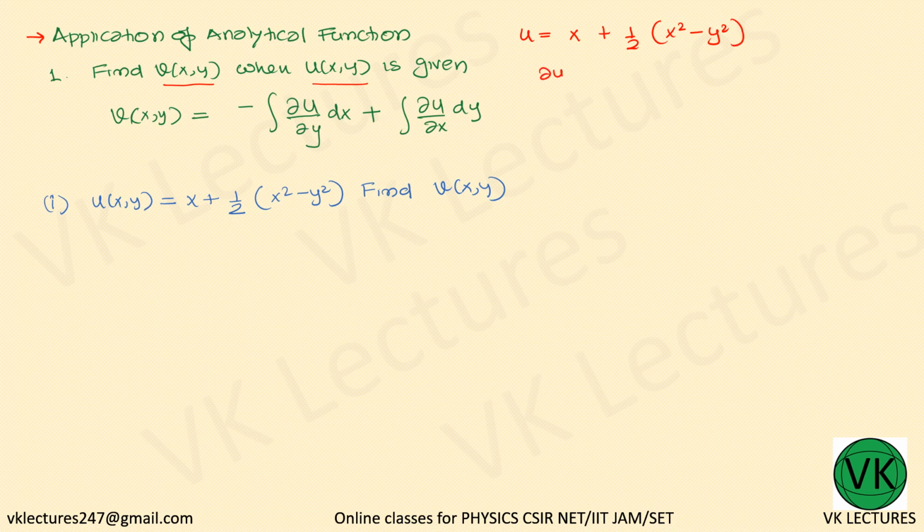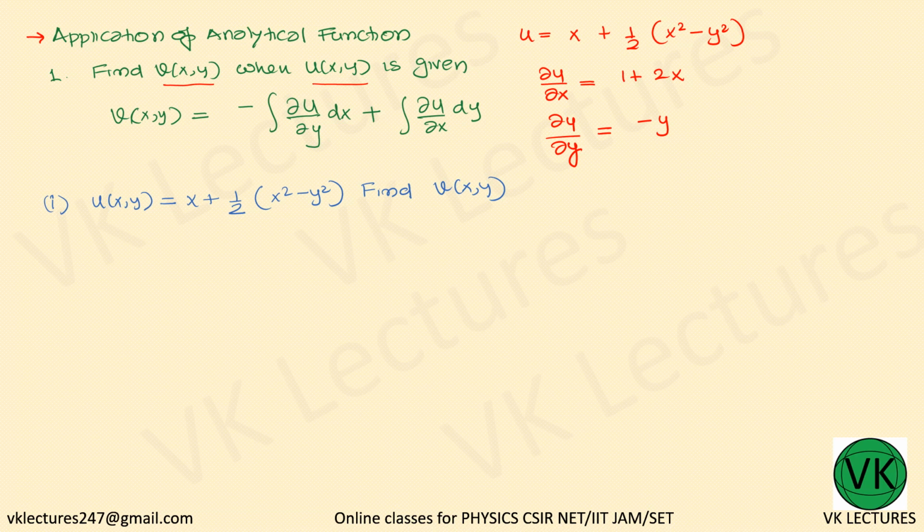Let's find dou u by dou x, that's equal to 1 plus 2x, and dou u by dou y is equal to minus y.